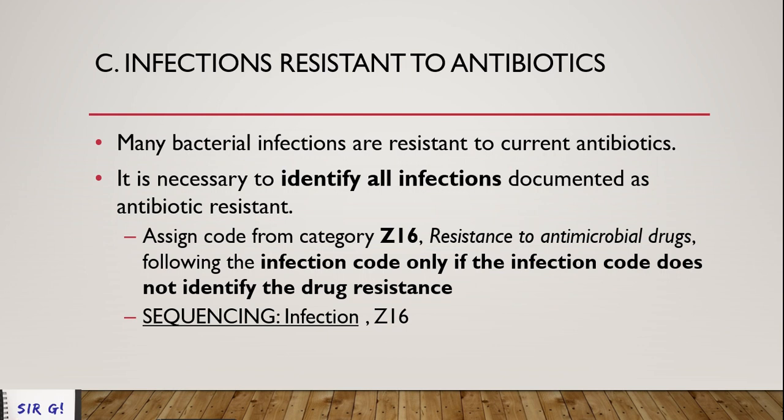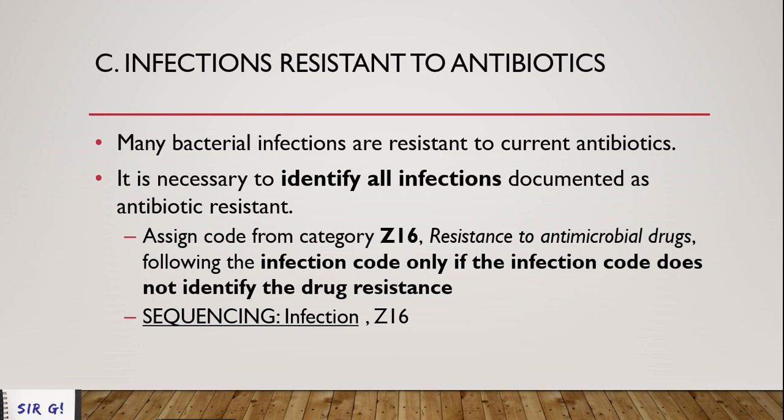Because there are certain infections where the code already tells you that the bacteria is resistant to antimicrobial drugs. The common example there is your MRSA, your methicillin resistant Staphylococcus aureus.